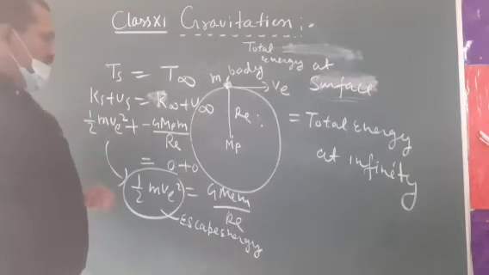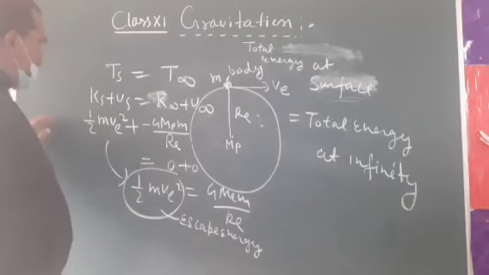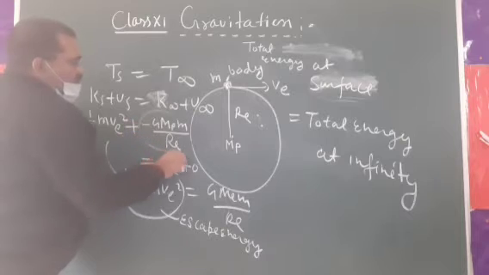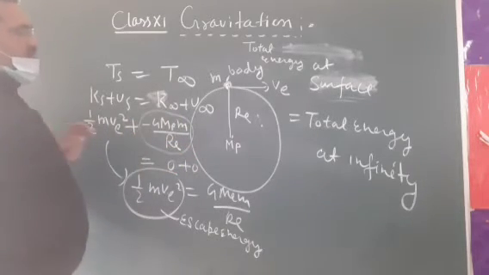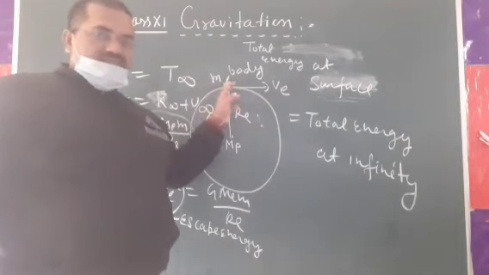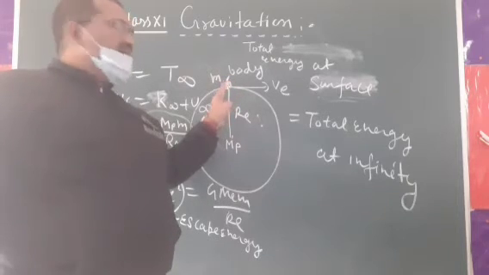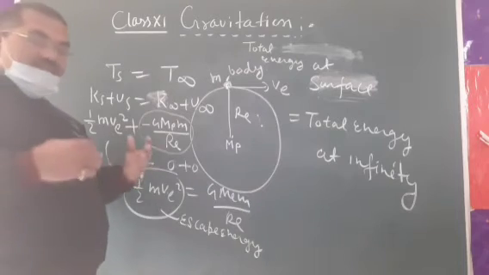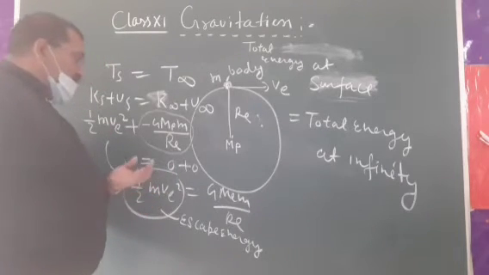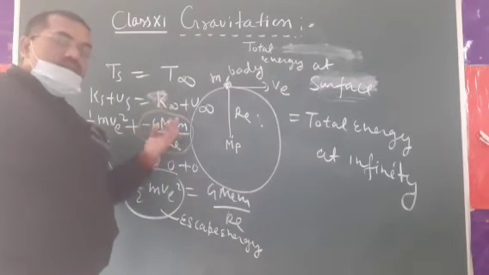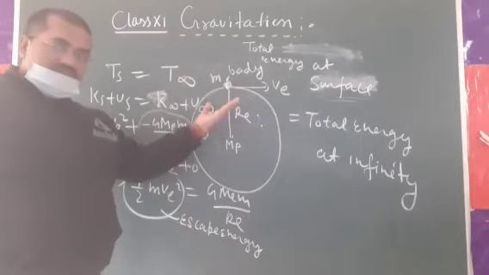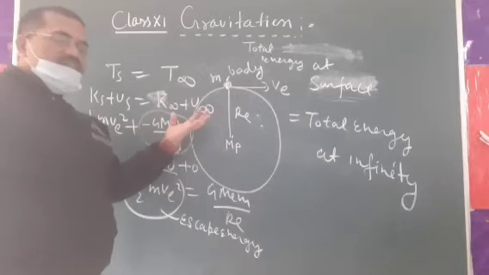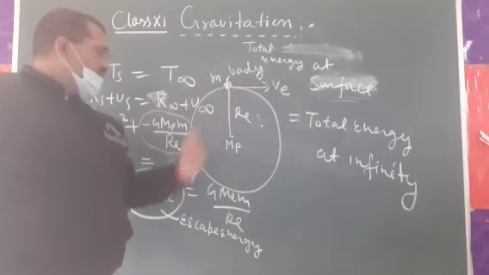Okay? You think logically. This is the total energy of the body at the surface, because the body is not moving, so kinetic energy is 0. So how much energy is required for the body to leave the surface of the earth, to leave the gravitational field of the planet and go to infinity?